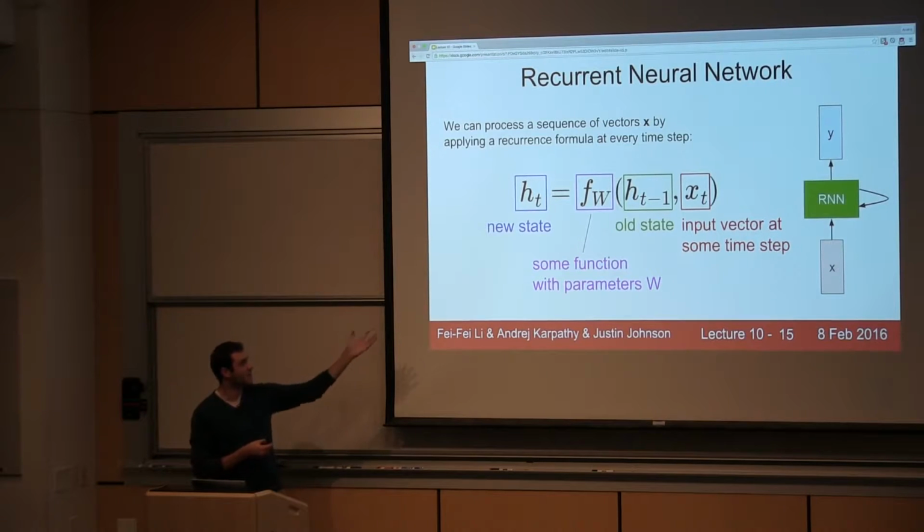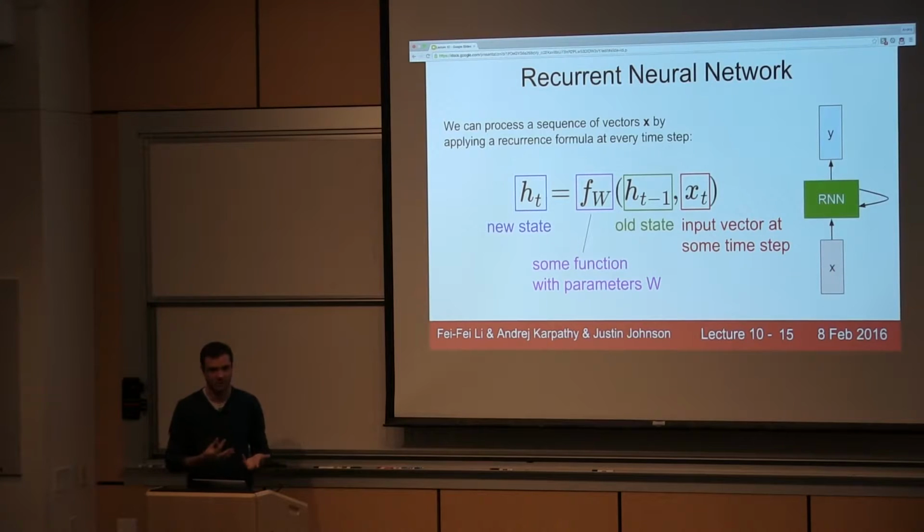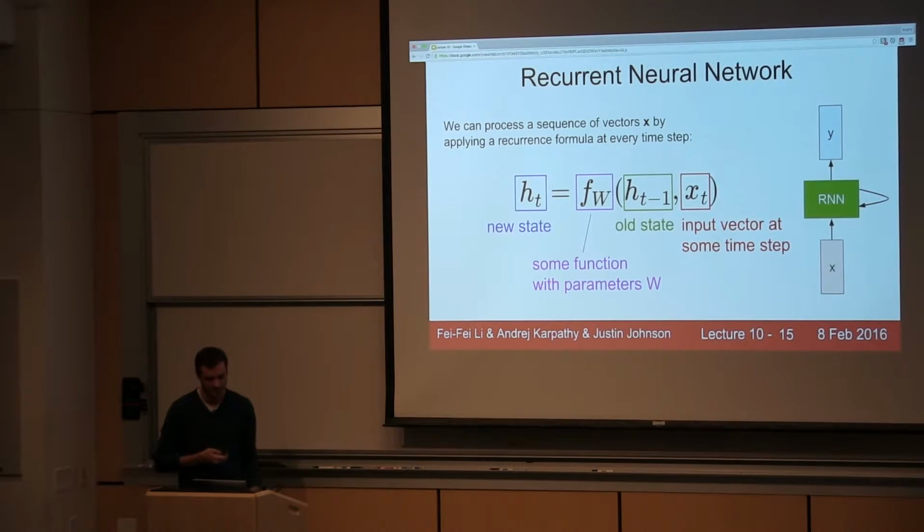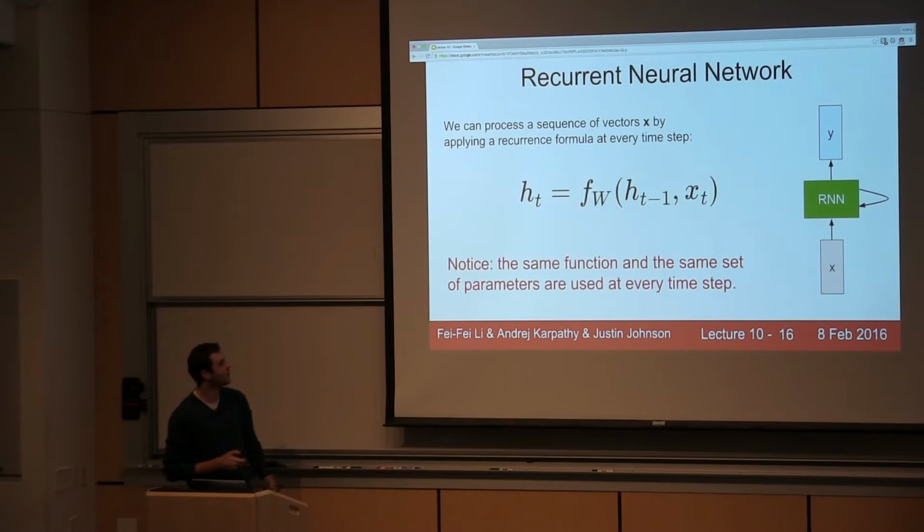And this is going to be done through a function, which I'll call a recurrence function, f. And that function will have parameters w. And so as we change those w's, we're going to see that the RNN will have different behaviors. And then, of course, we want some specific behavior out of the RNN, so we're going to be training those weights on data. You'll see examples of that soon. For now, I'd like you to note that the same function is used at every single time step. We have a fixed function f of weights w, and we apply that single function at every single time step.